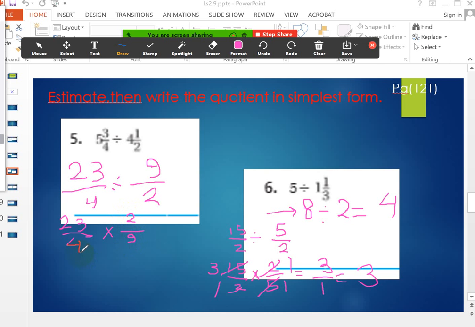Now there is a greatest common factor between 4 and 2. What is the greatest common factor between those numbers? 2. 2 divided by 2 equals 1. 4 divided by 2 is 2.